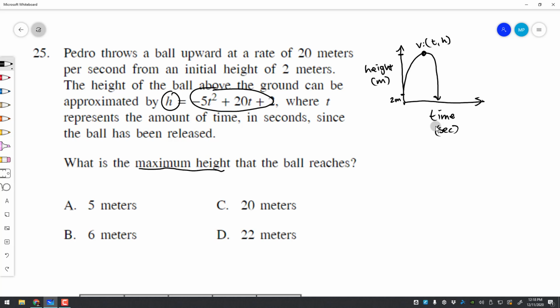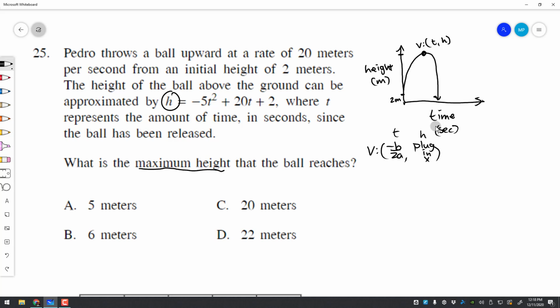We had a formula for that. The x-coordinate of the vertex was given by the opposite of b over 2a. It's part of the quadratic formula. And to find the y-coordinate, we'd plug in x, or in this case, t for time. But let's use this to find the time it reaches its maximum height, and then plug in to find that height.